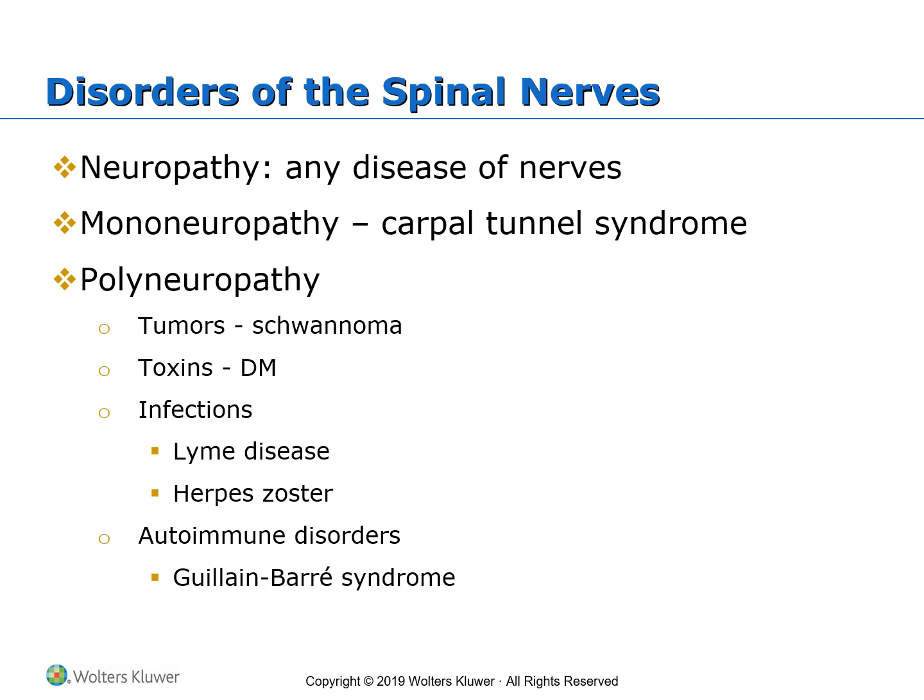And autoimmune disorders can also cause polyneuropathies. The example that I can give is Guillain-Barré syndrome, which is an acute form involving spinal nerves and nerve roots. If we compare and contrast Guillain-Barré with multiple sclerosis, MS will target the myelin coating of the central nervous system, while Guillain-Barré will impact the myelin coating of the peripheral nervous system.